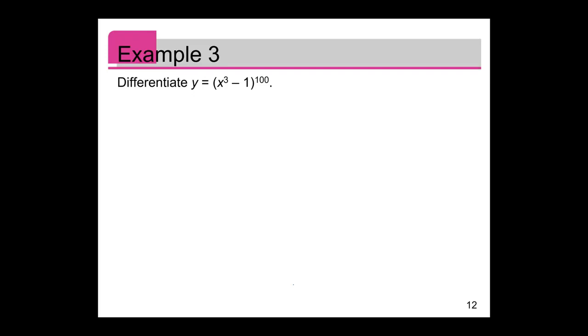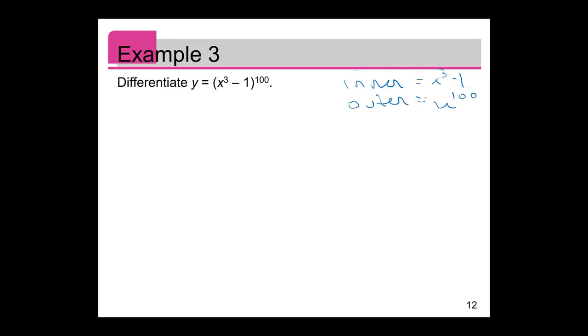So what we want to do, which method do you want to do this with? I don't know the method, but I know what I do to solve it. Okay, so the inner is x cubed minus 1, we'll just call it inner equals x cubed minus 1. And then the outer is u to the 100th power. And then you would solve for derivatives.